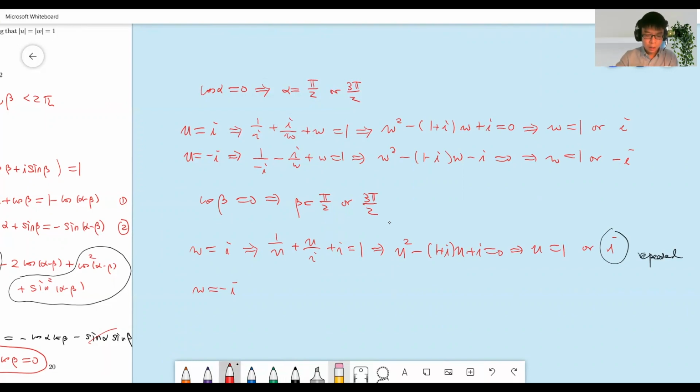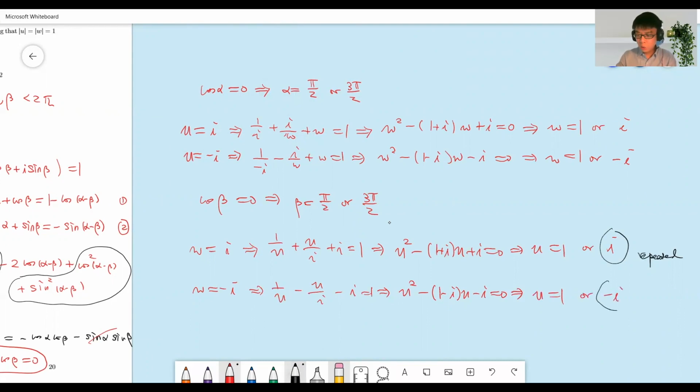And next, if w equals minus i, we have 1 over u minus u over i minus i equals 1. This equation gives u squared minus (1 minus i) u minus i equals 0. So you can solve u equals 1 or minus i.